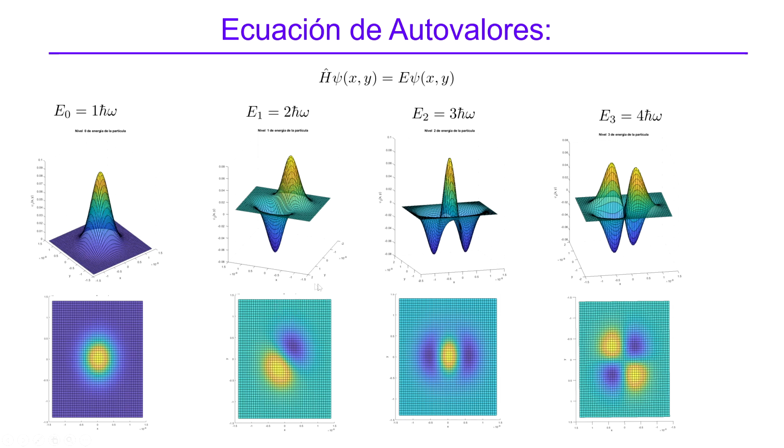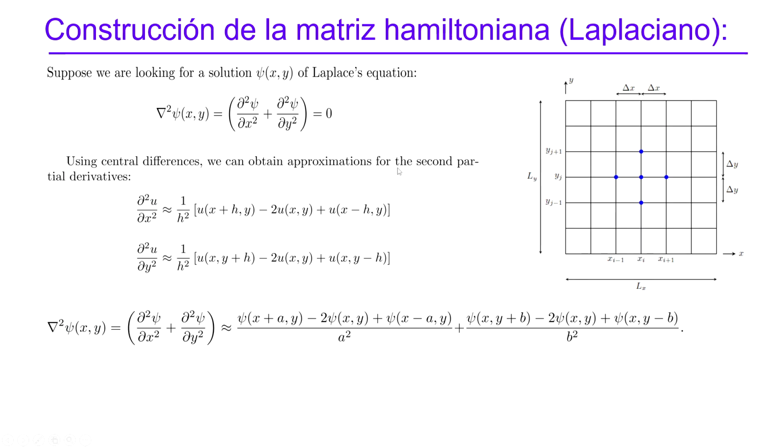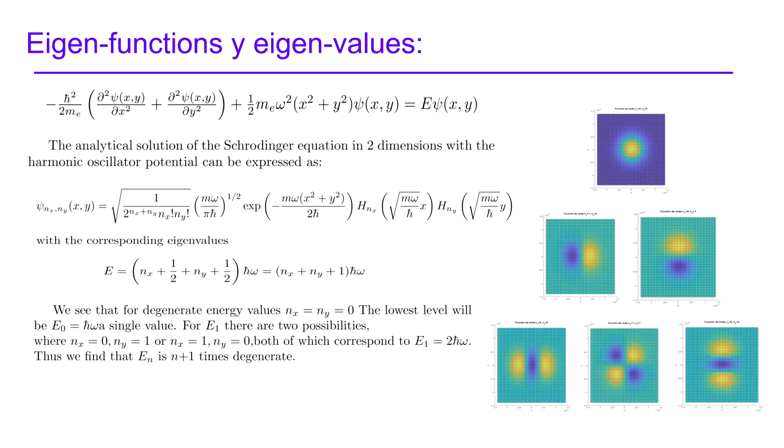Está bien que hemos visto anteriormente que se presenta degeneración para el primer estado excitado en adelante, porque podemos tener, por así decirlo, diferentes configuraciones para los NX y NY que van a representar la misma cantidad de energía. Podemos tener pues 0,1 o 1,0 y aún así van a presentar la misma energía, que va a ser en ese caso 2H barra omega.